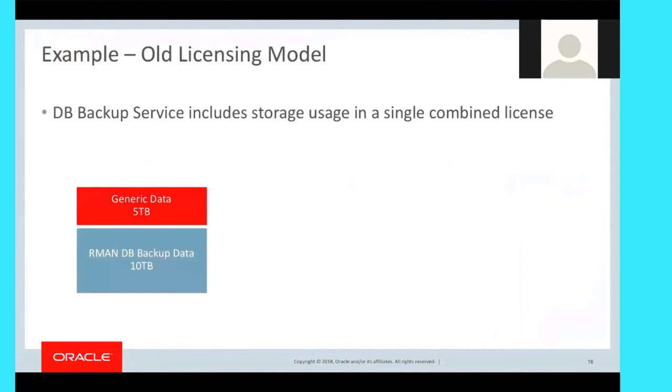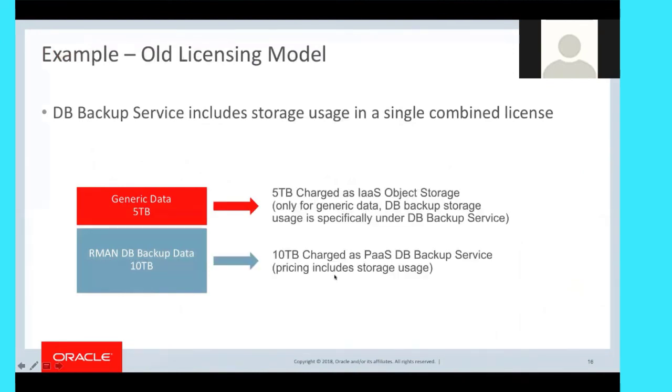For those of you that are familiar with the database backup cloud service, that is exactly the same service that can be used to back up a database from an on-premise generic database. You just use, as I mentioned, RMAN and the database backup cloud module. It's a service that includes storage.